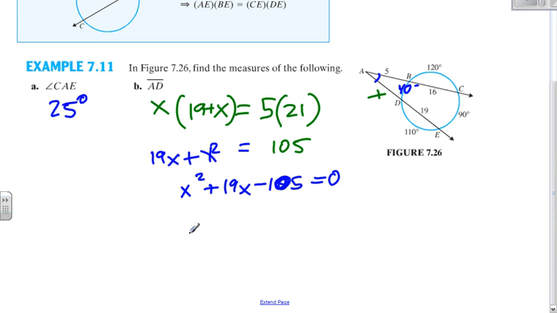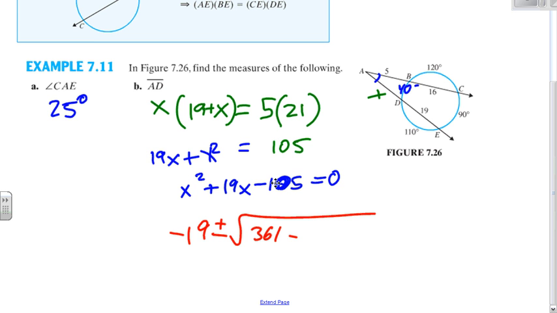And using the quadratic formula, we get negative b, negative 19, plus or minus the square root of b squared. 19 squared is 361. Minus 4 times a, 1, times c, negative 105.